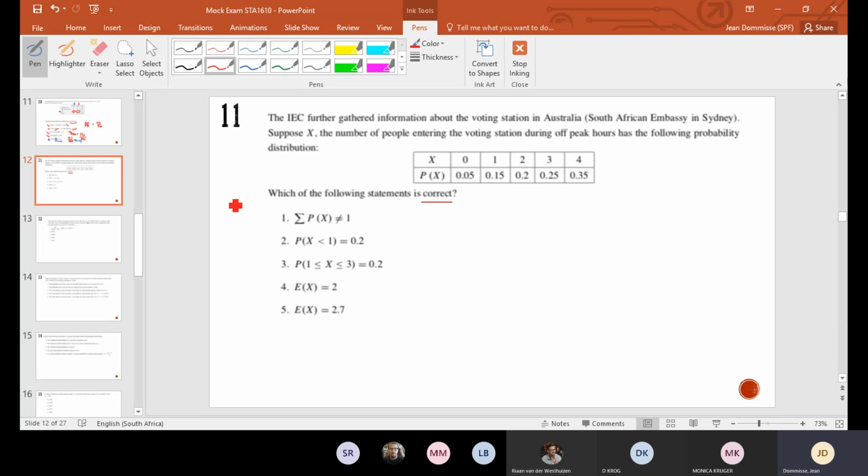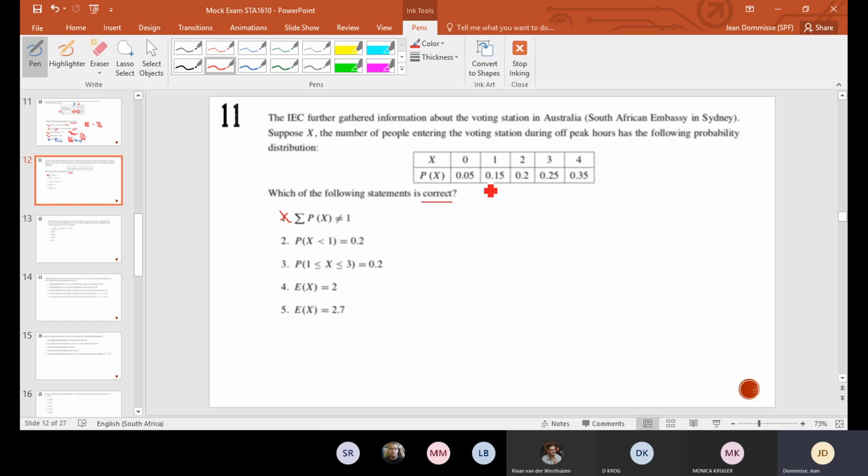So let's look from the top, and let's just look at the options. The sum of all the probabilities must be equal to 1. So that one is incorrect. Let's just check if it is actually equal to 1. So 0.05 plus 0.2 plus 0.4 plus 0.65 plus that is 1.